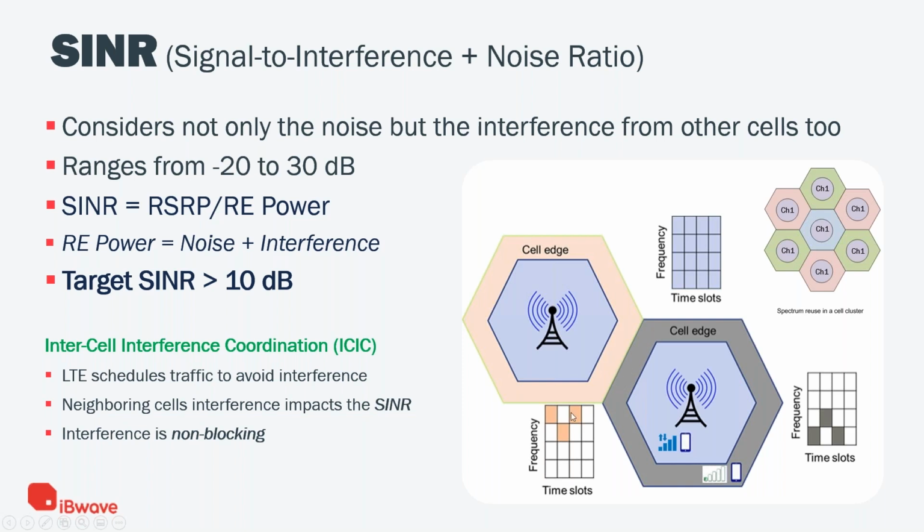Then there is something called inter-cell interference coordination, or ICIC. The resource blocks start being used differently in different frequencies. So this cell is using the one on the top, this cell is using the one on the bottom, and they could alternate time slots also.